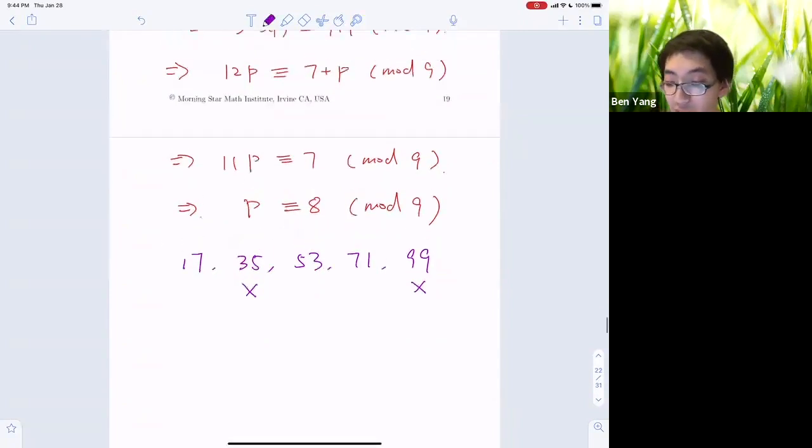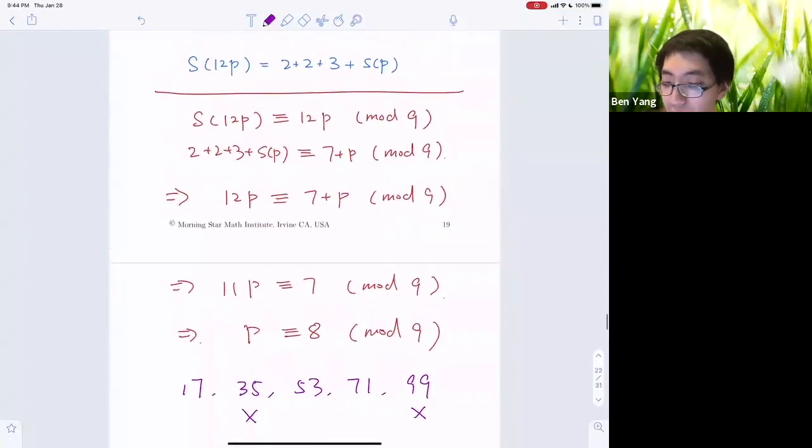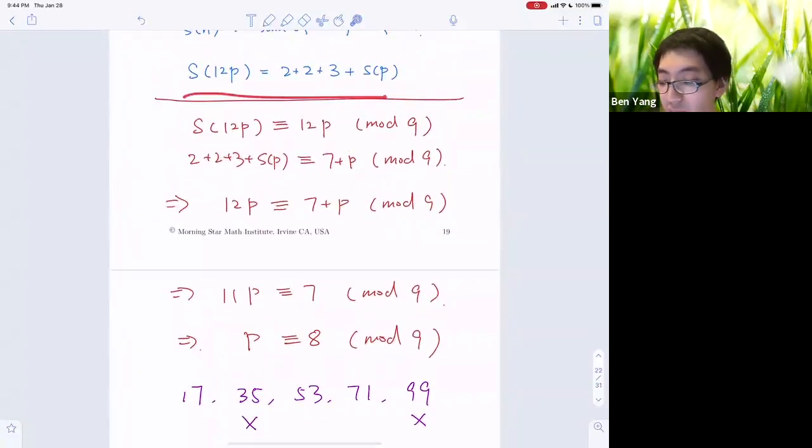We need to check whether our requirement is satisfied with P equal to those numbers.